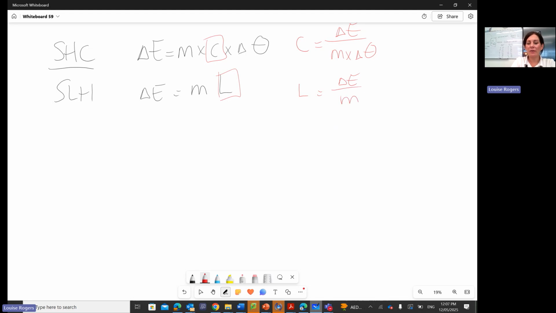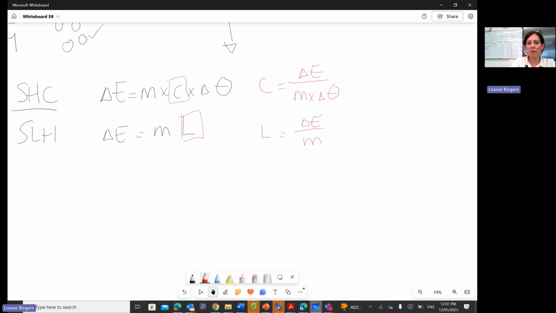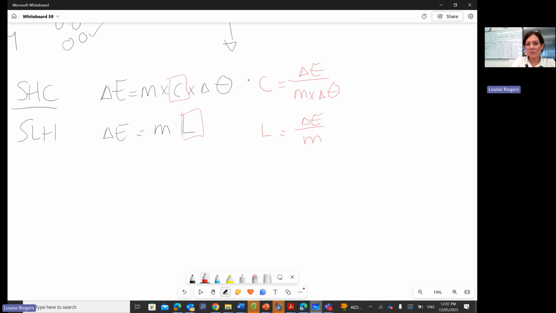So let's have a look at our definitions now, and we can do this from our equations, can't we? So the specific heat capacity is the amount of energy required to change 1 kilogram of mass by 1 degree. Because remember, this is change in temperature here that we have, isn't it? So this is measured in degrees Celsius. And then we've got latent heat is the amount of energy required to change 1 kilogram of mass to make it change state.